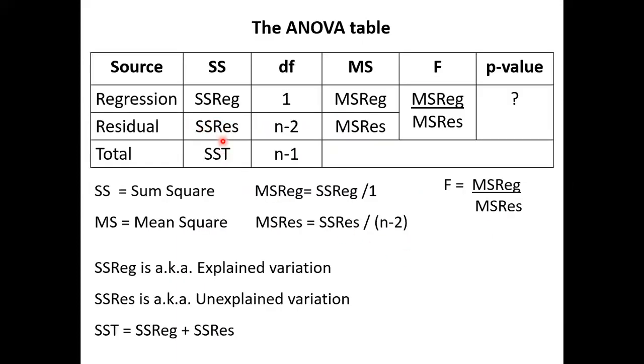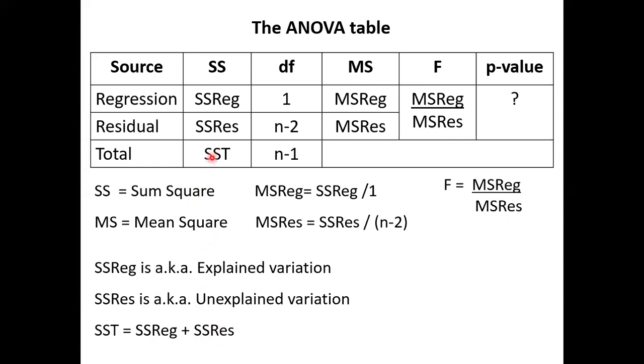Total minus residual is regression, sometimes called explained variation. The residual is called unexplained variation. What's the variation? The differences, how spread out the data points are. That's the total, split into two. One part is called explained, the other part unexplained.